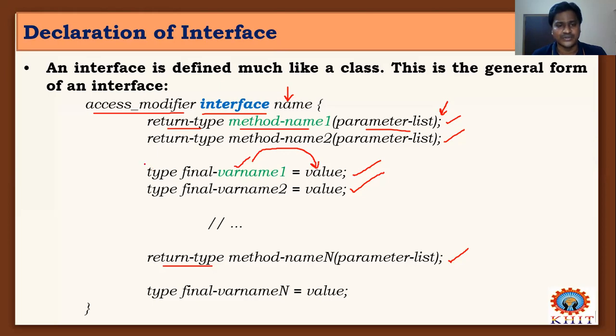So this is allowed. But in the previous slide, in the class and interface difference, we saw that an interface doesn't have any variables. Yes, that is true, but you can declare variables of type final and static. If you just define a default declaration of variables, the compiler automatically considers those variables as final and static. And you can create many final and static variables in an interface.